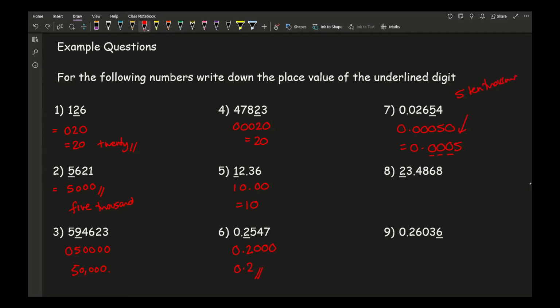Or more commonly known as 50,000th. Stick a TH there. And then for question 8, again, I keep the underlined number and I replace all the other digits with zeros. So that's just going to give me 20. And then finally for question 9, I keep the underlined number, all the other digits become zeros, and so that there is my final answer.